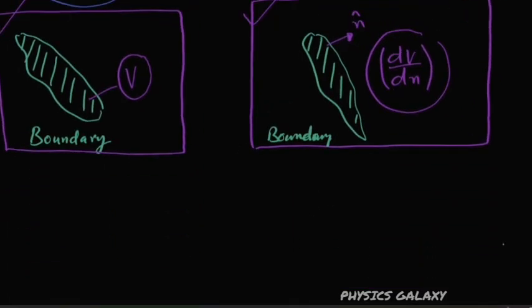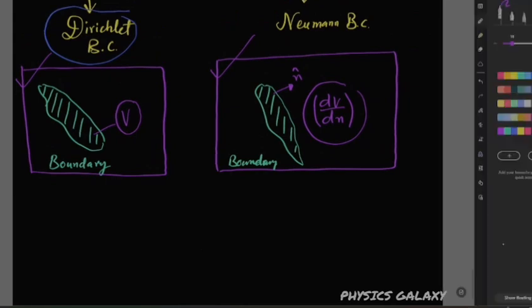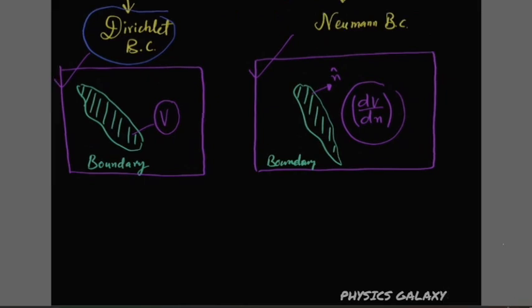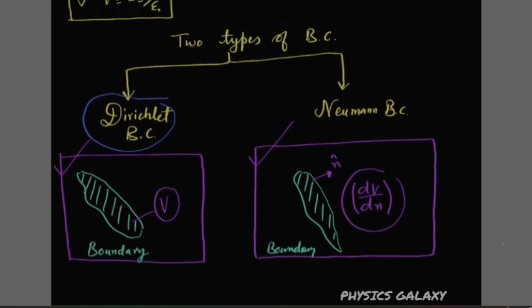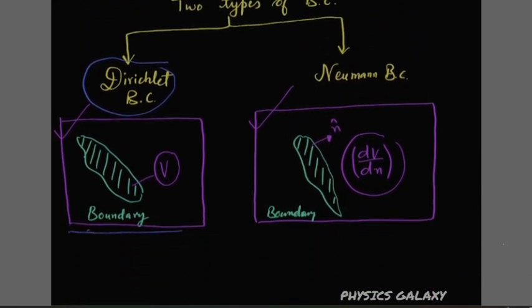Now let's take some simple examples. But before taking an example, let me give you one important theorem regarding these boundary conditions. If these boundary conditions are given, then both guarantee that the solution you will get will be unique.